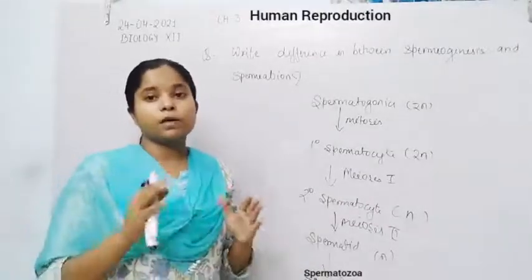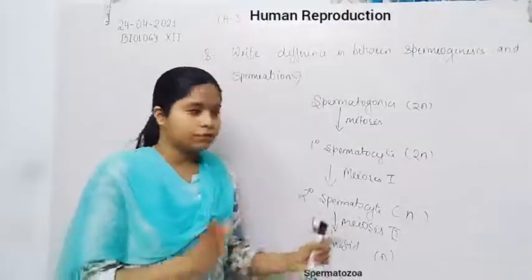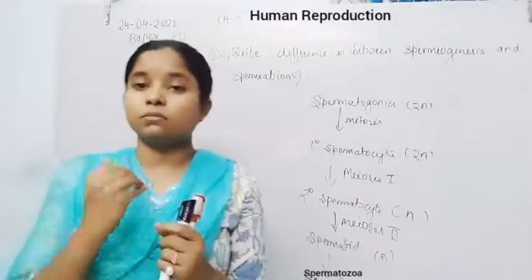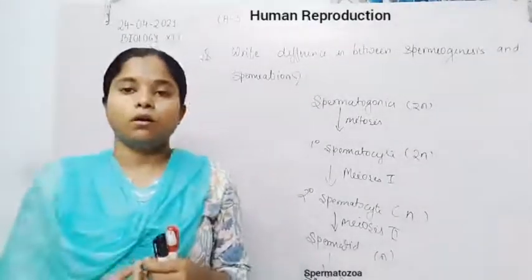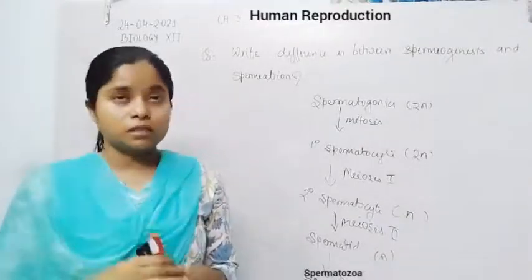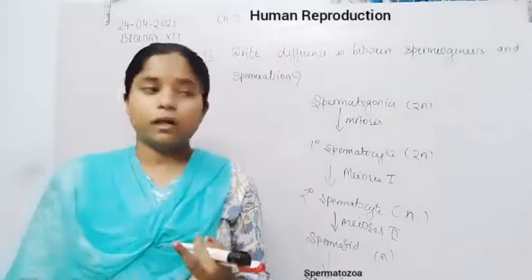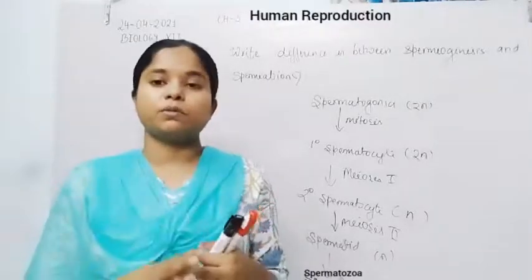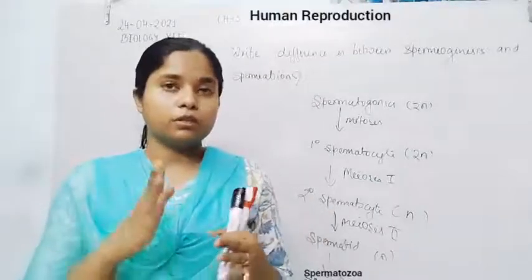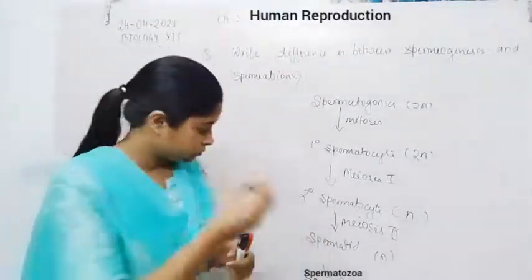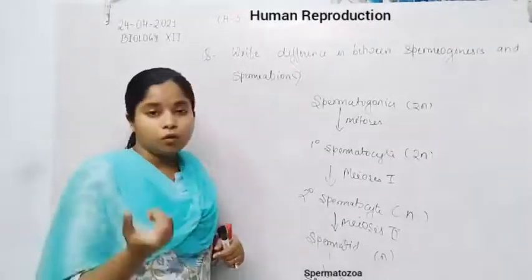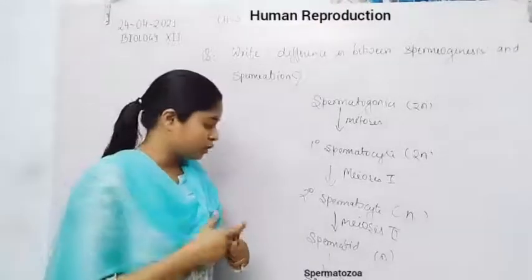So for this purpose they undergo the differentiation process and form some significant organs that help in fertilization, that is, they need a flagellum for swimming, because if they are not able to swim, they can't reach the ovum present at the ampullary region.